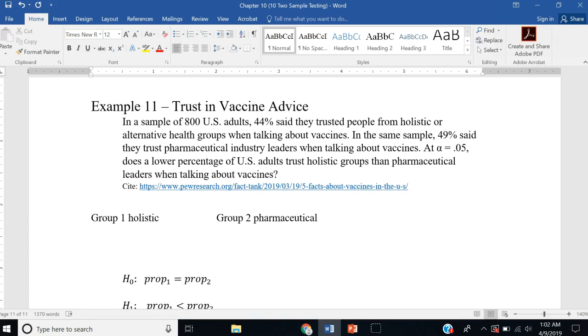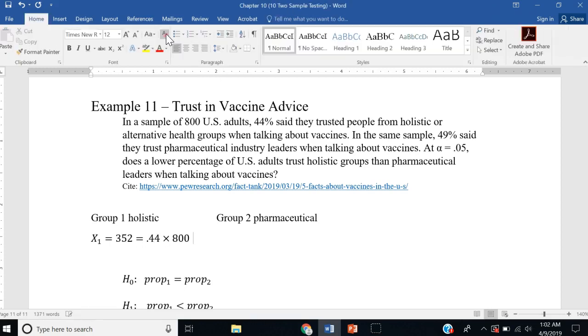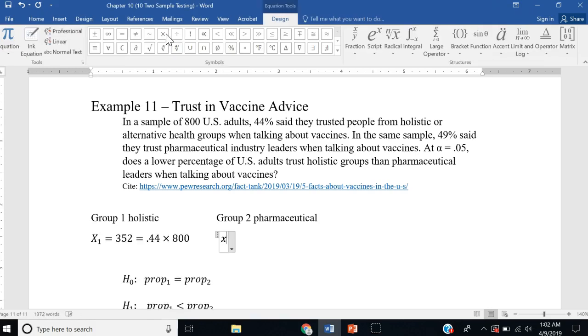And so when I type in X1, I'm going to have to type in 352, and the reason I do that is because that is 44% of that 800. In the same way, when I type in X2, I'm going to have to type in 392 because that is 49% of the 800.